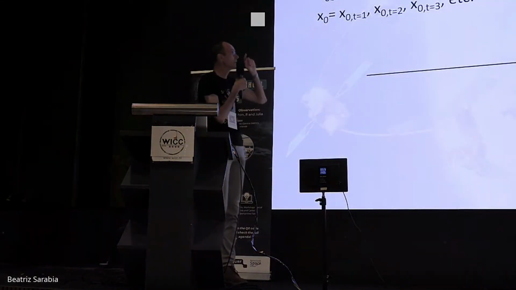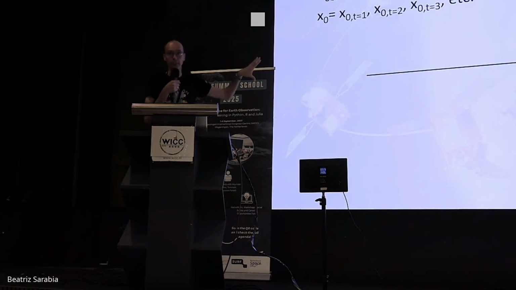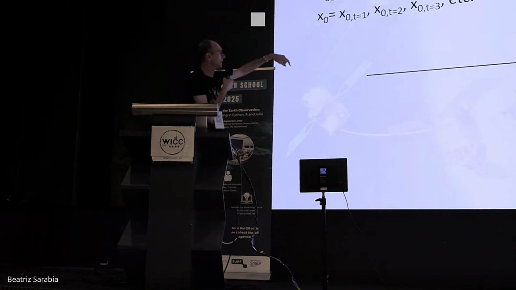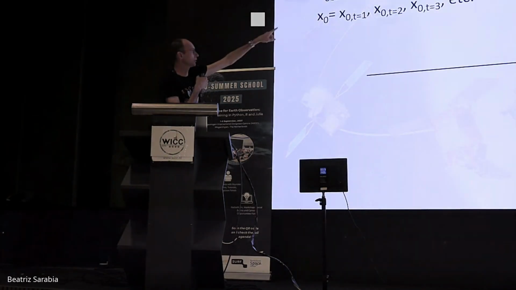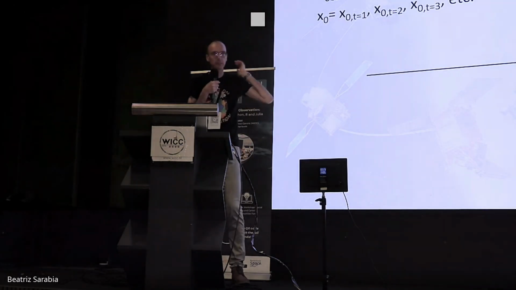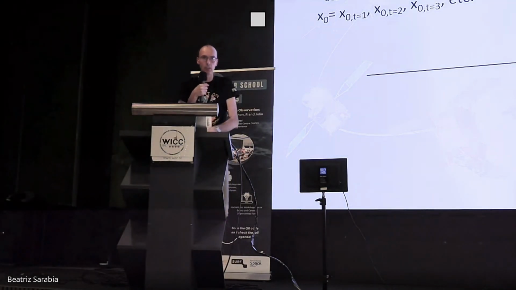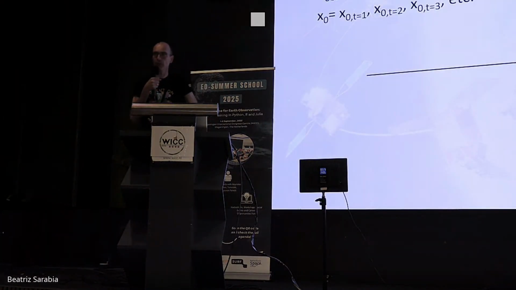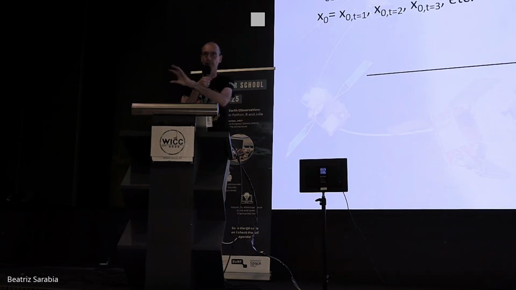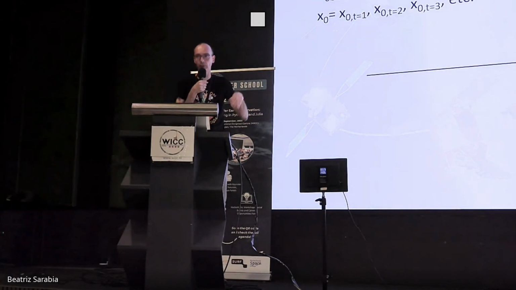One way of proceeding in that case is that your problem is big, but you can make it smaller by splitting the observational data set in many chunks. You say, well, I have a huge data set, but I split it in 100 pieces. And now, instead of solving this problem at once for all the data, I solve it stepwise for all the chunks of data. First the first chunk, then the second chunk, and then the third chunk.